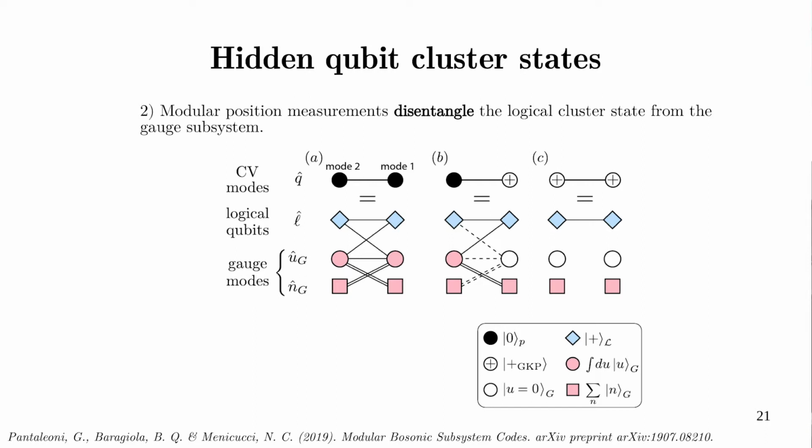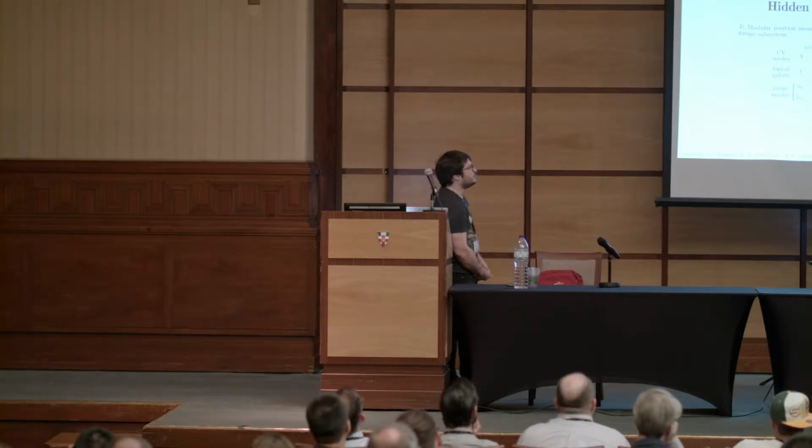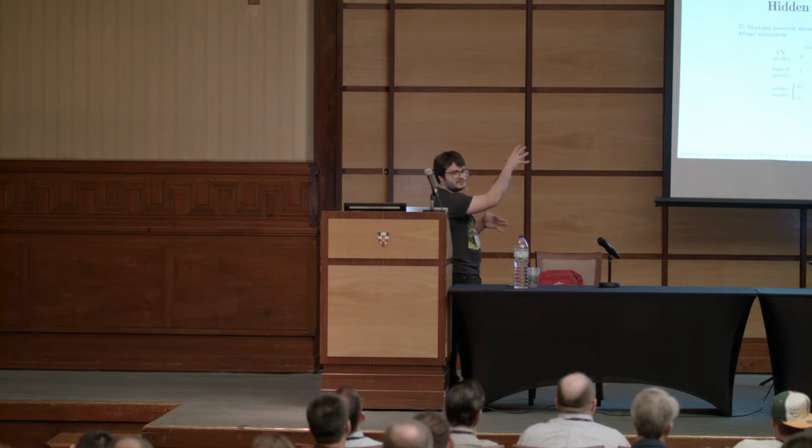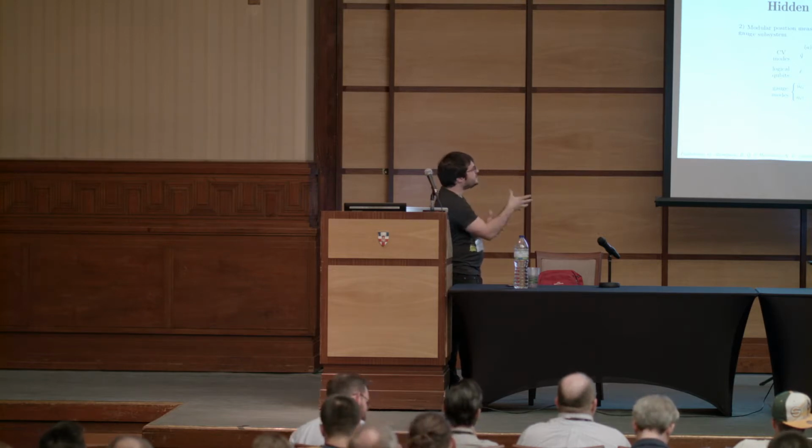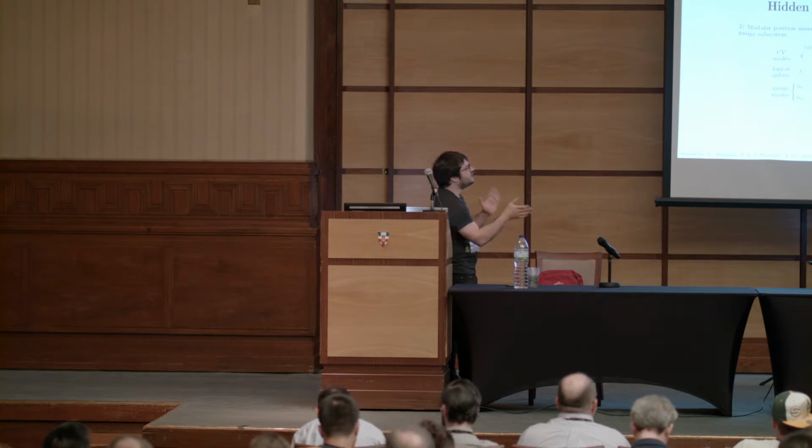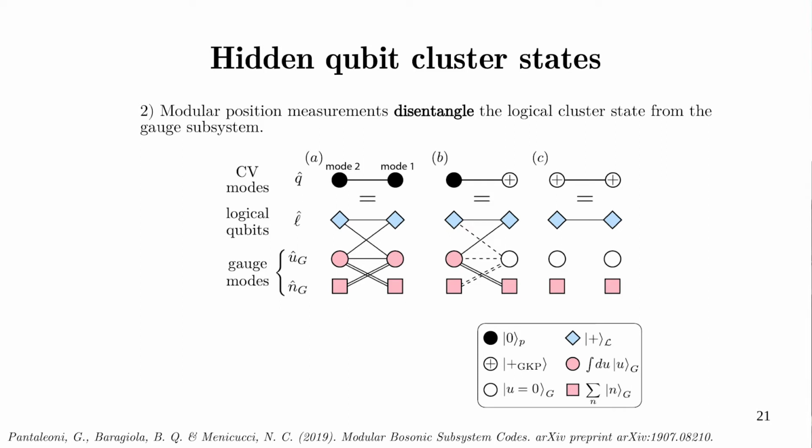So if we take this cluster state on the left, where the discrete subsystem is entangled with the gauge subsystem, but we use two GKP encoded nodes, then with respect to this formalism, this means that we have a perfect discrete variable cluster state and complete disentanglement from the gauge subsystem. So the gauge subsystem does not mess up our state. This is the ideal version.